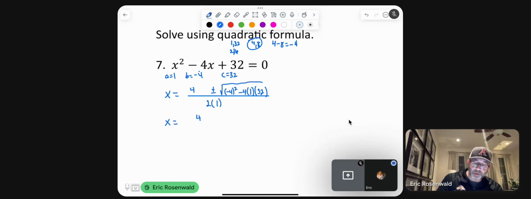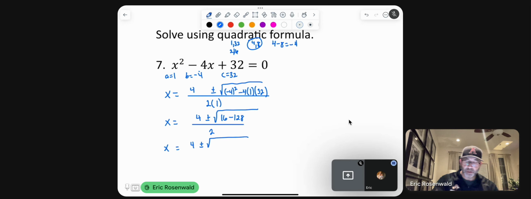So we have 4 plus or minus the square root of, this will be 16, what is that, minus 128 over 2.